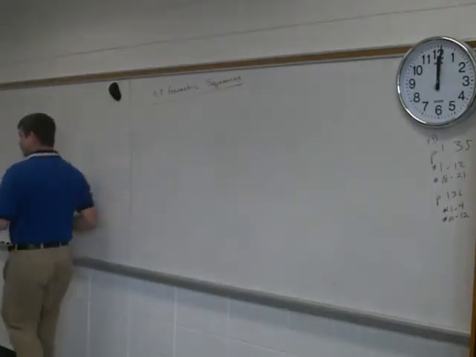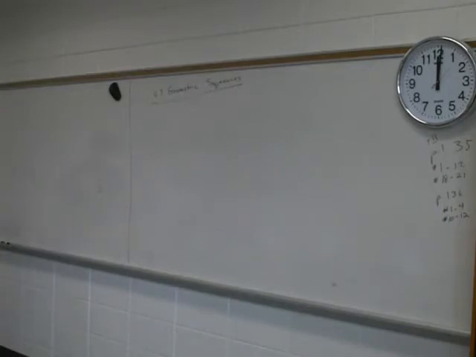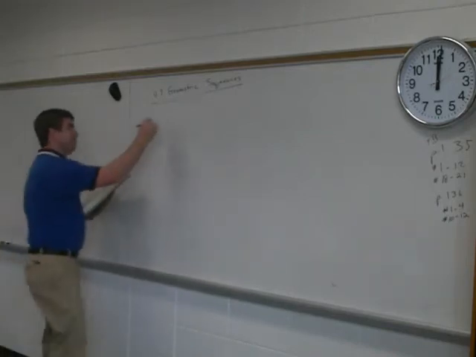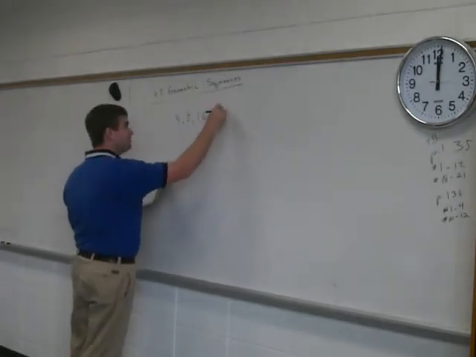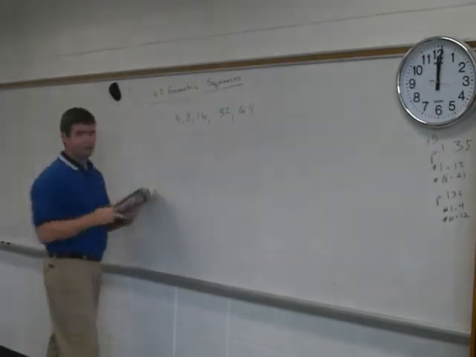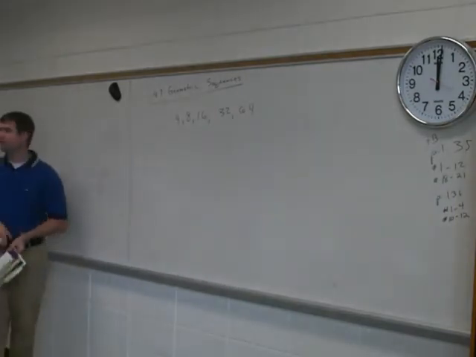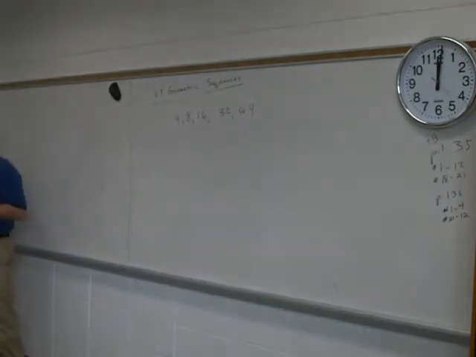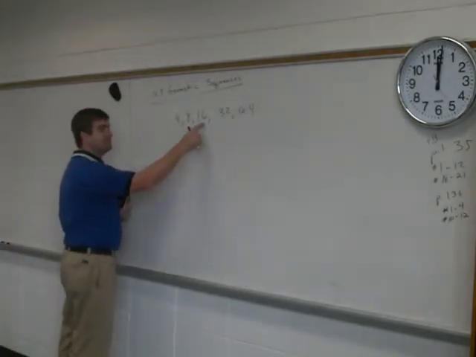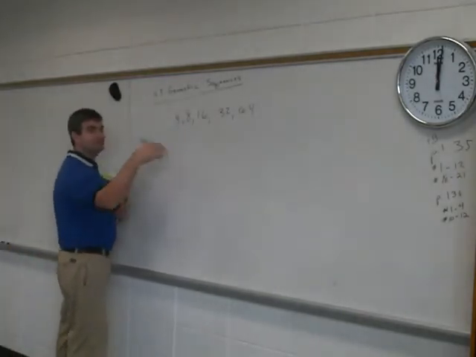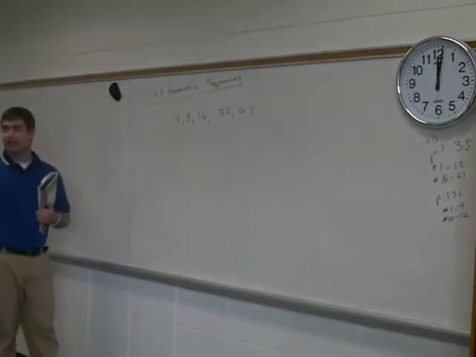Alright, we switch gears and we talk about geometric sequences. Let's look at an example. 4, 8, 16, 32, and 64. Here we're looking for a common ratio. The distance is not the same. Right? 4 to 8 is 4, 8 to 16 is 8, 16 to 32 is 16.